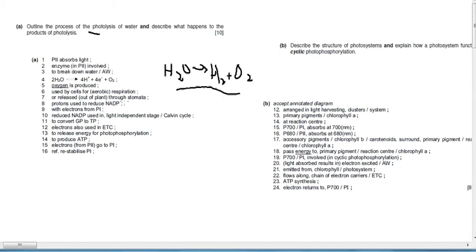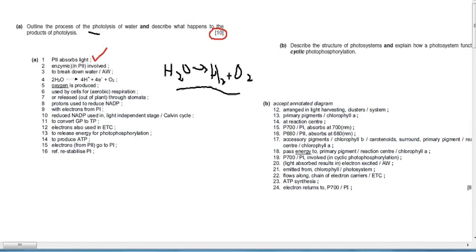But let us see what you have to say if you want these 10 marks. Because 10 marks is not a joke, it's so much, so you need to pinpoint a lot of points. So you start saying photosystem 2 absorbs light, right?